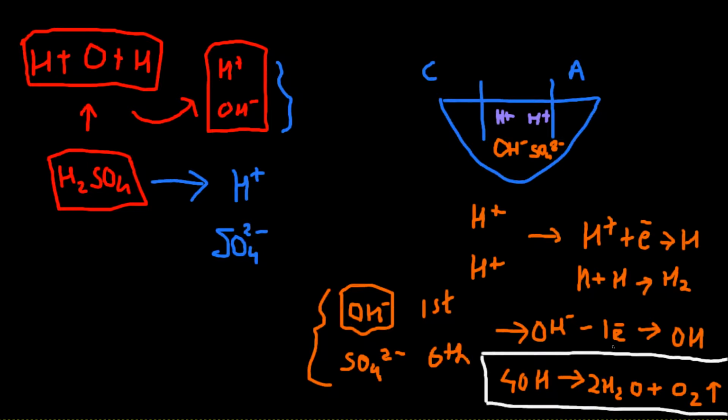So this is the total reaction that's going to happen. So you can see what's going to happen at the cathode. At the cathode, you're going to have H plus getting discharged, but at the same time, half of the H plus will not get discharged. I'm going to draw another diagram here. This is cathode. This is the anode.